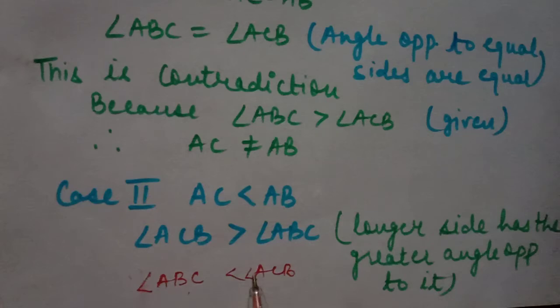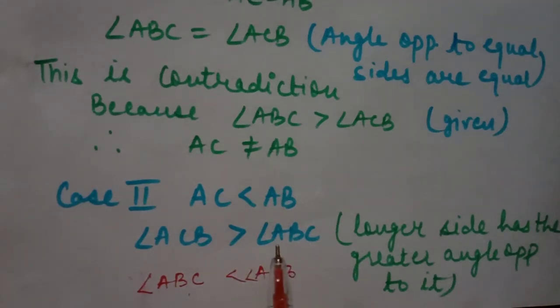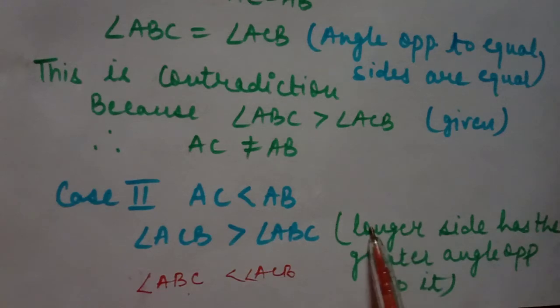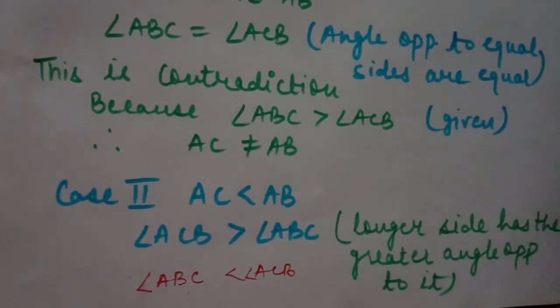They both are the same. The only difference is our writing pattern. Here we can say B is less than C, and in this equation, angle C is greater than B. They both are the same. Reason: the longer side has the greater angle opposite to it.